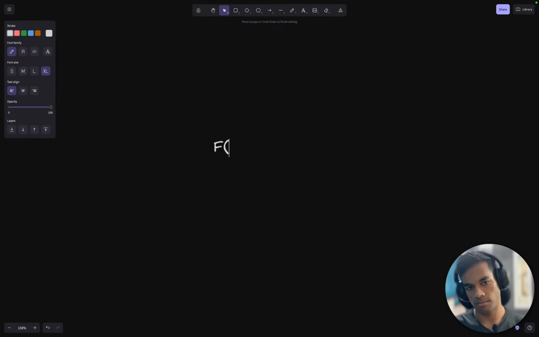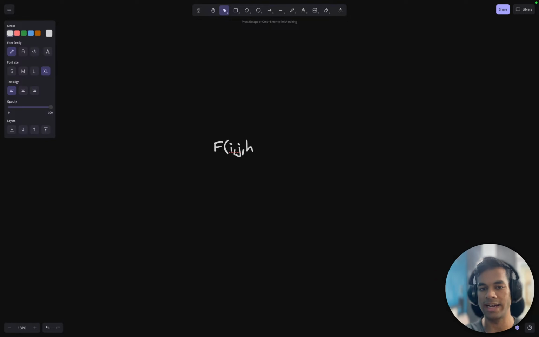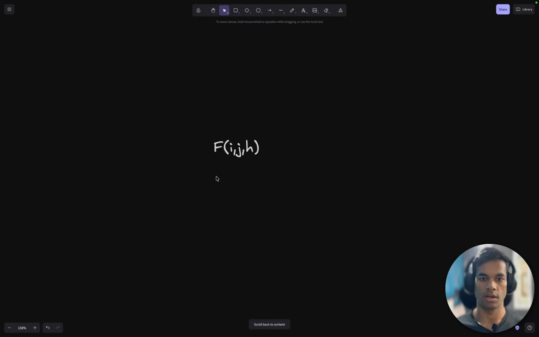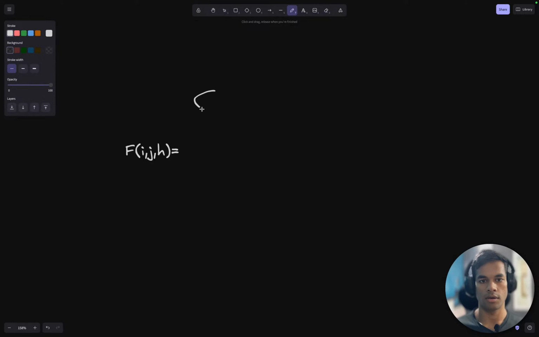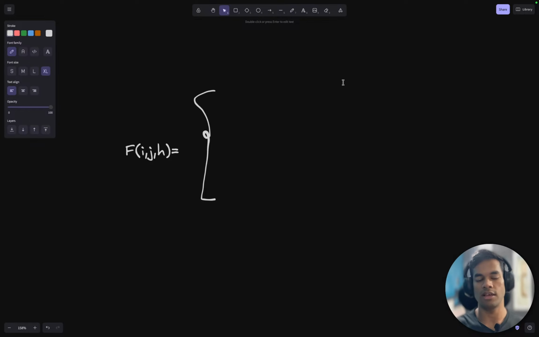Our function will depend on ranges i, j, and something called height, and this will be equal to something. Now we will have to establish a base case. Our base case would be when i equals j.